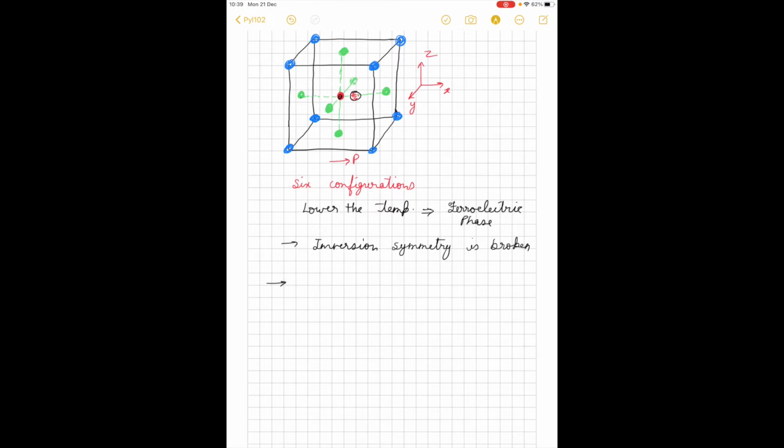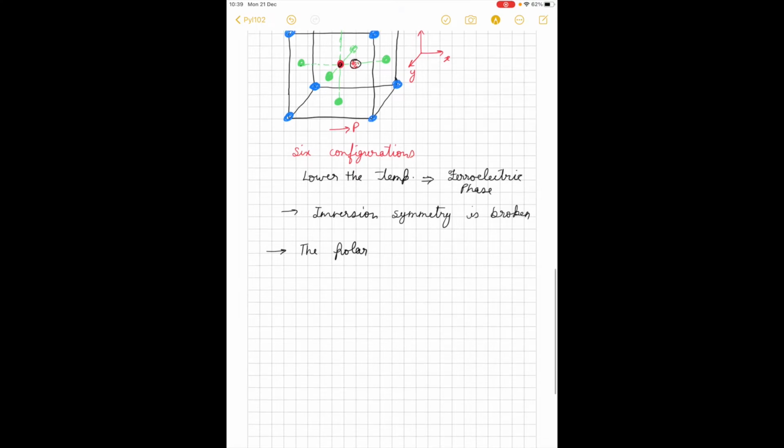And also the important thing is the point where the transformation occurs. So I'll just write it down, it's really important, this point, the point, not the polar.